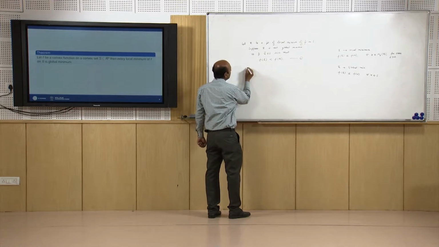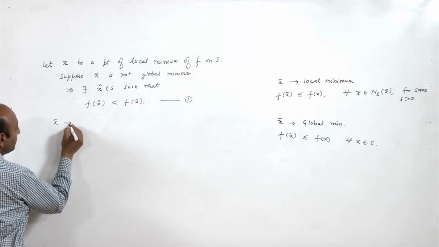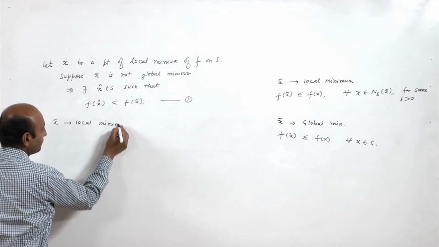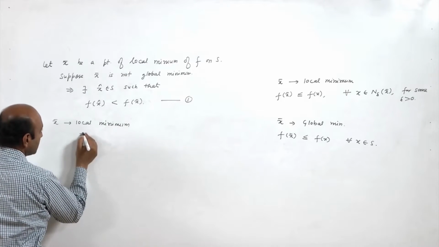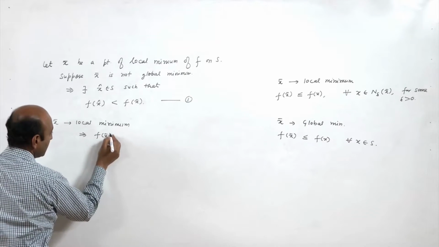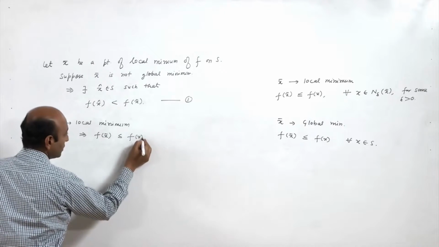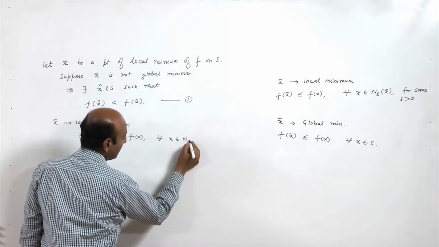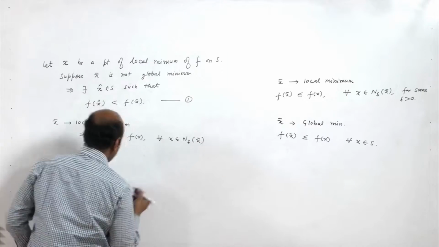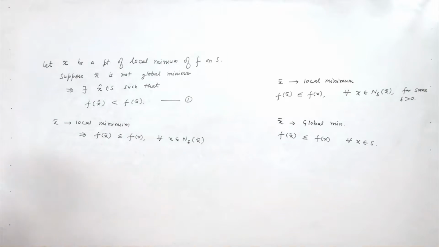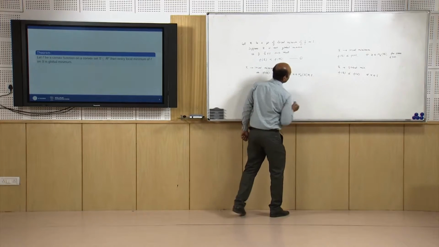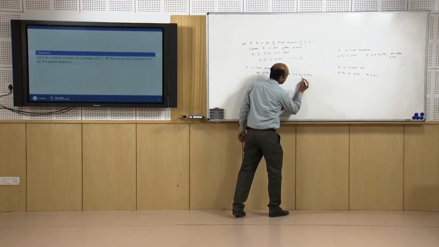So, this means f(x bar) is less than or equal to f(x) for all x belonging to delta neighborhood of x bar, and this delta neighborhood must be intersected with S also, for some delta greater than 0.